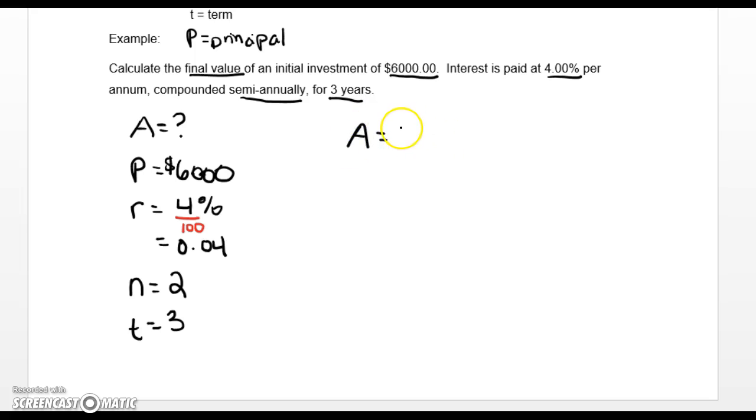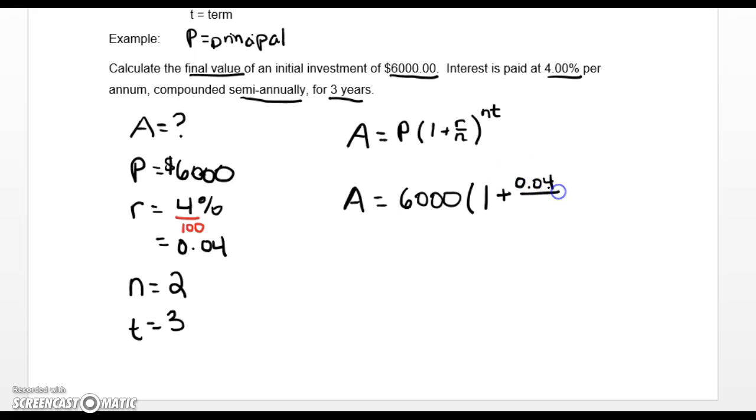I'm going to start by writing that formula first: A is equal to P times 1 plus R over N to the exponent of N times T. Here we're looking for that A value, so I'm going to leave my A value in that formula. I'm going to put 6,000 in for P, times 1 plus, so your interest rate, 0.04, over the number of compounding periods, so over 2. And then that's all to the exponent of N times T, so 2 times 3.